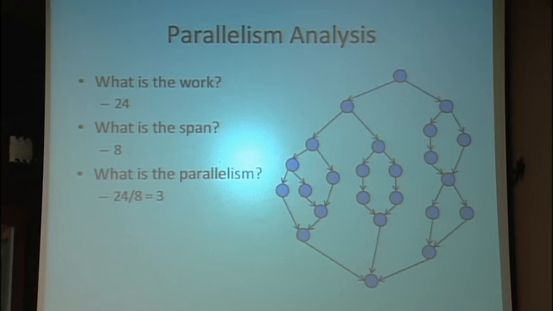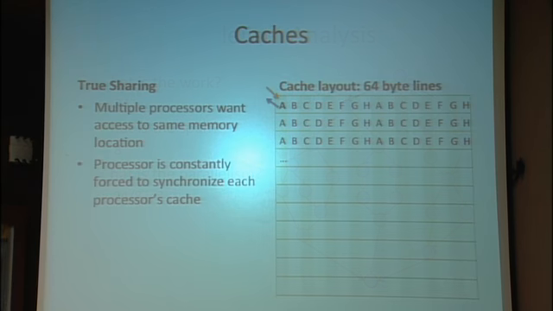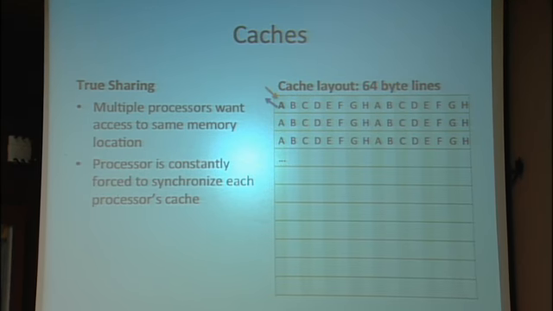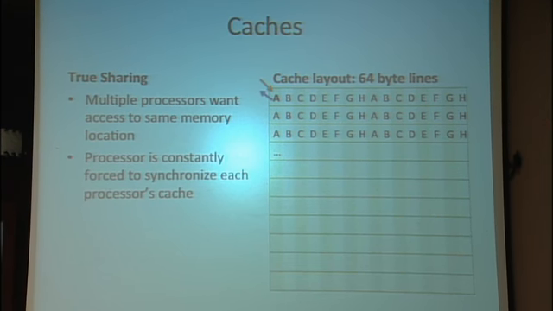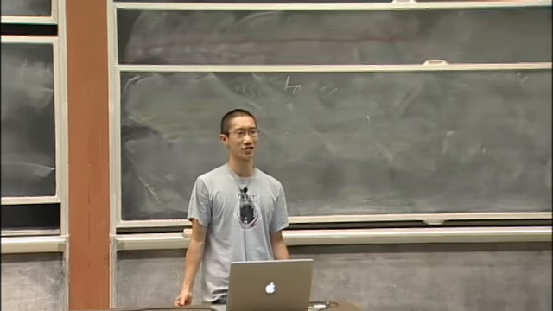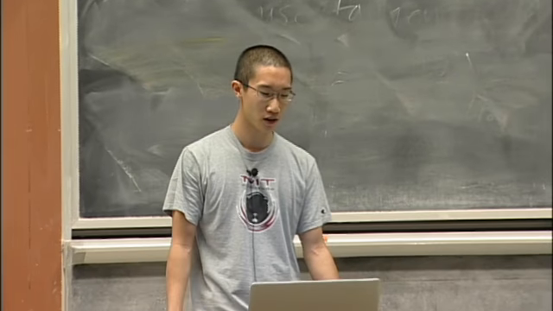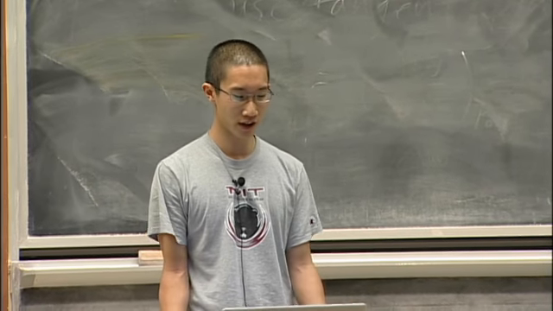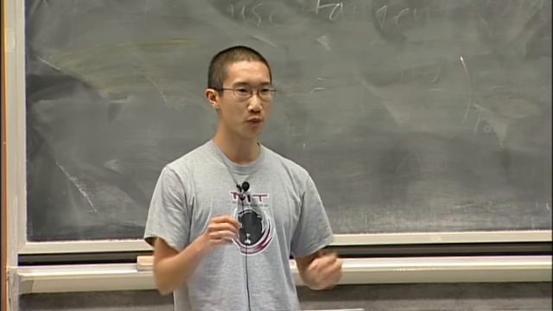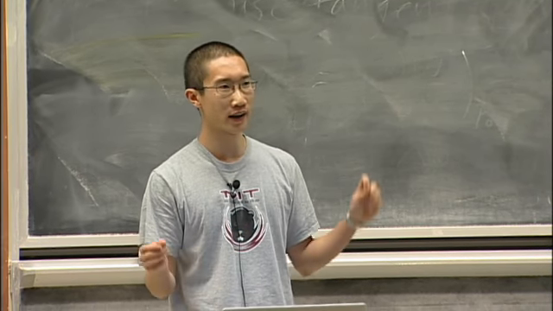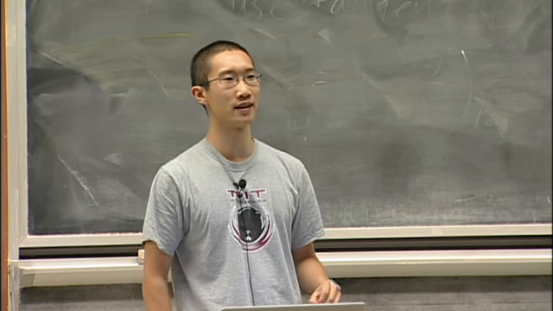Cool. All right. Now that we're done with that, how about a little bit of background on caches? When you run programs in parallel, it causes some more interesting things to happen in cache that do not happen with serial execution. One of those things is true sharing cache misses, which are caused when multiple processors, like multiple threads, are trying to operate on the same piece of data in memory.